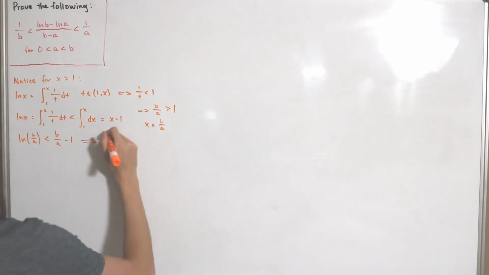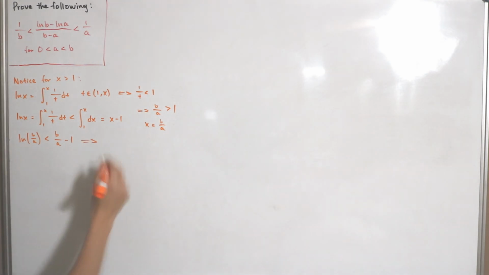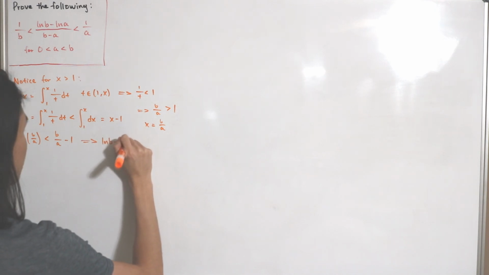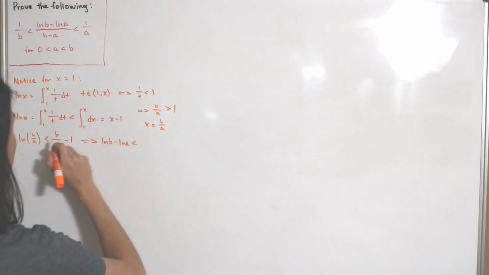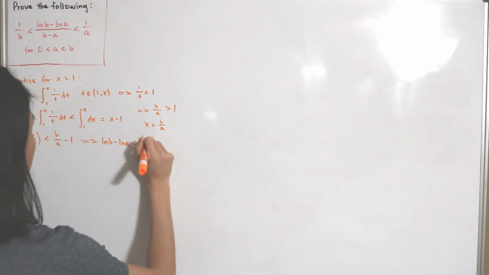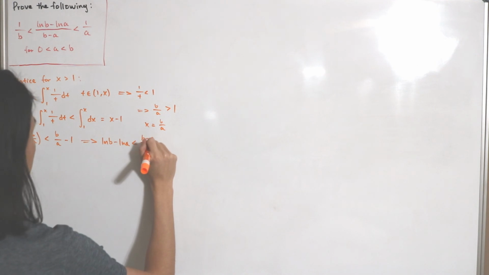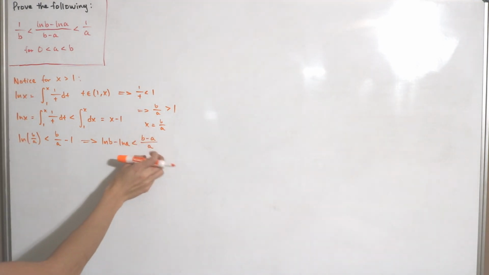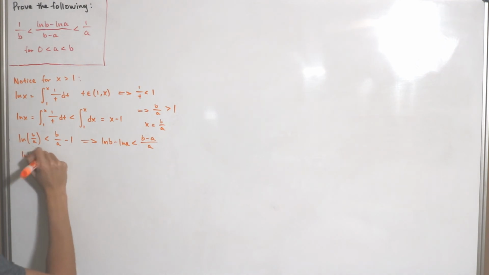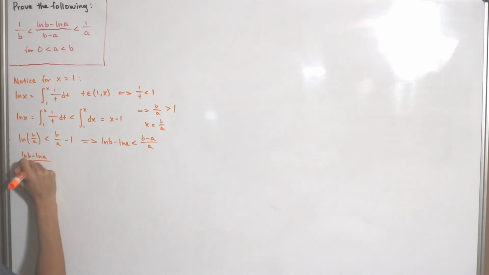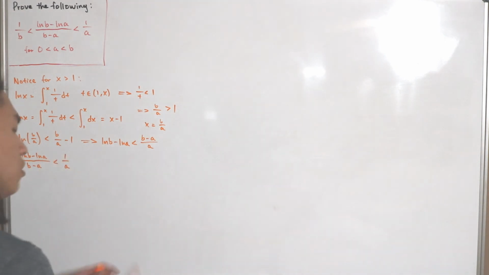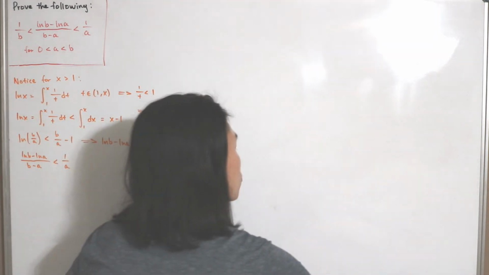Simplifying using the rules of natural logs, I can write this as a difference of natural logs: ln of b minus ln of a is strictly less than, getting a common denominator, b minus a divided by a. Then I'll divide both sides by b minus a, so we get that the natural log of b minus the natural log of a, divided by b minus a, is strictly less than 1 over a. All right, so that's one side proven.